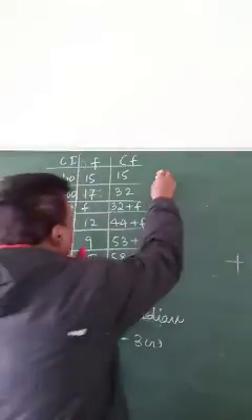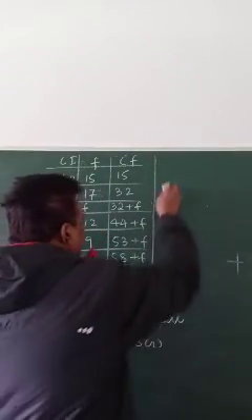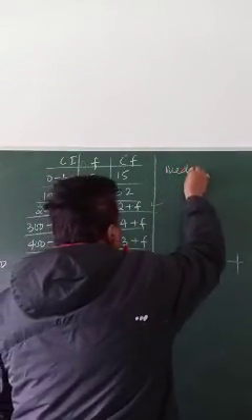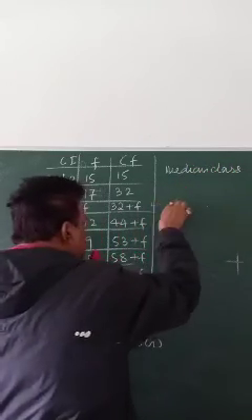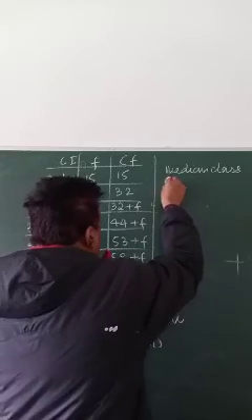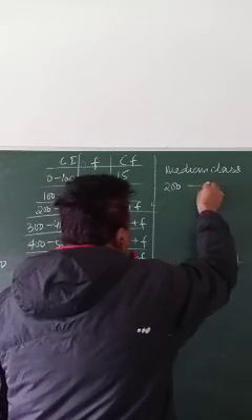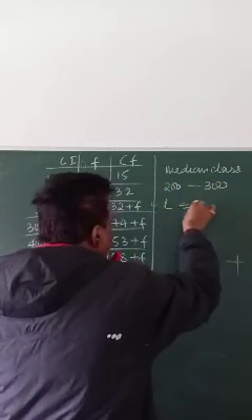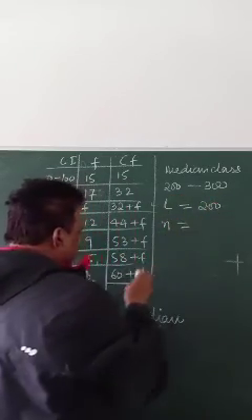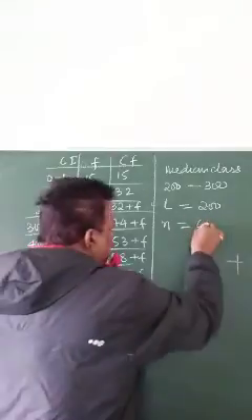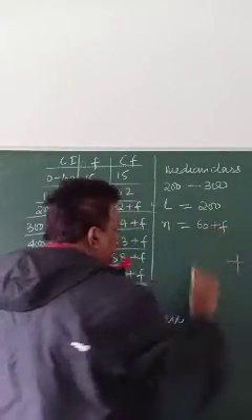So you can start from here. Median class is 200 to 300. So L you can find out, 200. What is N? N means total, 60 plus f.